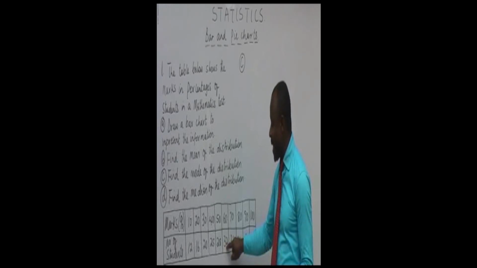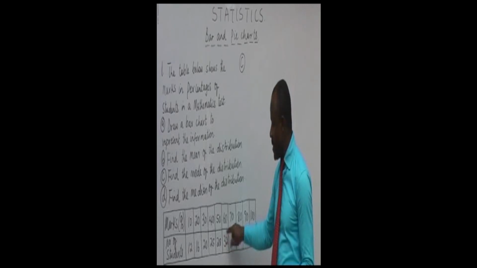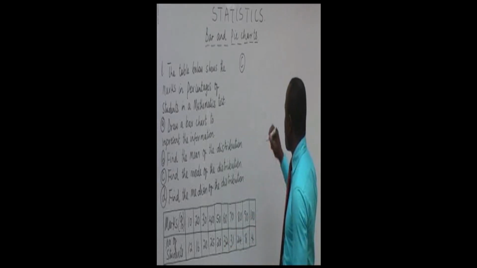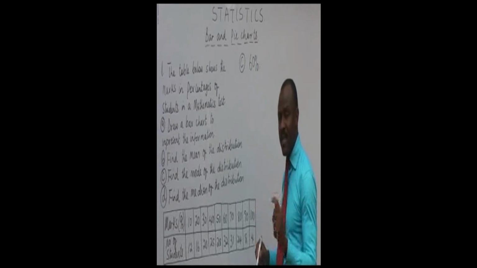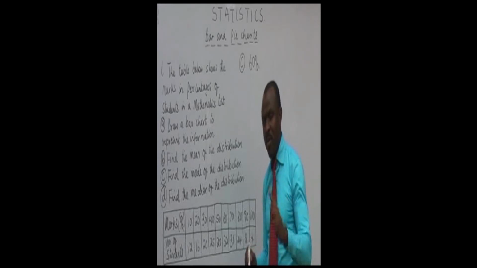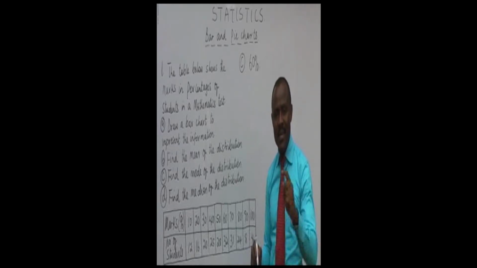So the mark that 32 students scored is the modal mark, and it is 60%. Always have it sunk in your memory: mode is talking about the greatest occurrence, the greatest frequency.